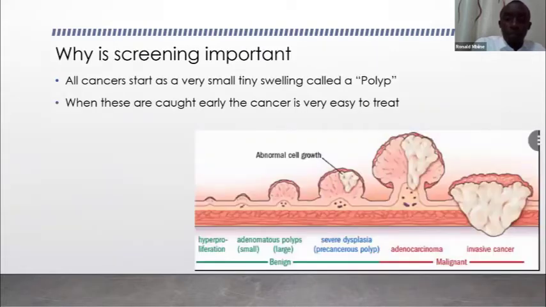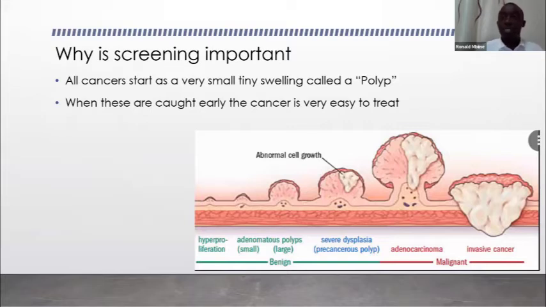So why is screening important? If you look at this picture, all cancers actually follow the same pattern as the picture you see there. You start with a very tiny little swelling, we often call a polyp. It's as small as a pimple, yeah? And that can be there for 5 years when it's just quiet and latent.